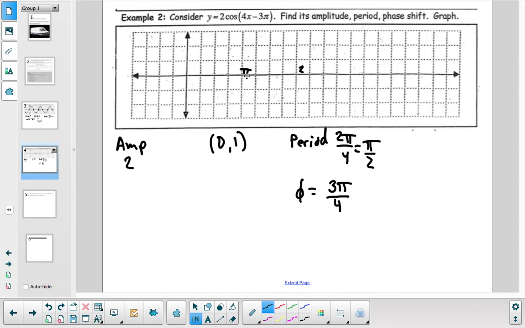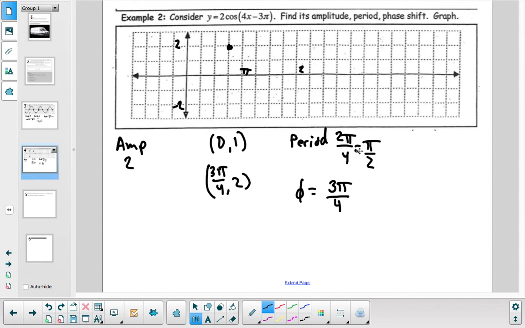So if we do pi here, we want the amplitude. I'm going to call that 2, -2, so 1 to 1 on the y values. 3 pi over 4 to the right is going to be right here. So our starting position is now 3 pi over 4, comma 2 because of the amplitude.